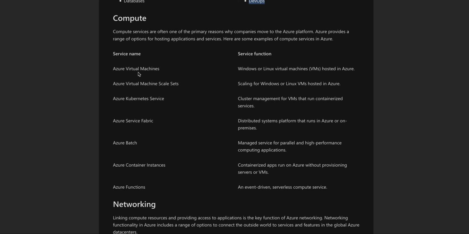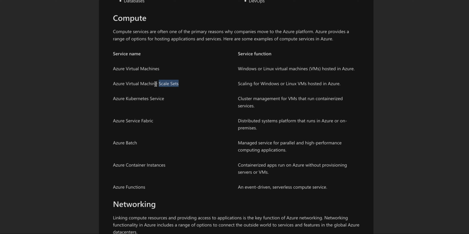So we have Azure Virtual Machines: Windows and Linux virtual machines hosted in Azure. Then Azure Virtual Machine scale sets. It's important to know what scale sets are, right? Scaling for Windows and Linux virtual machines hosted in Azure.